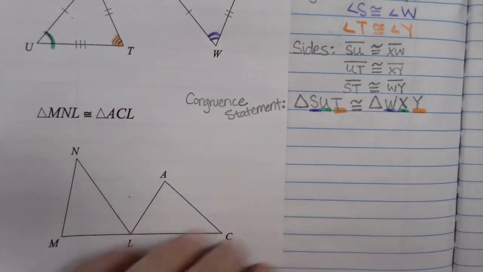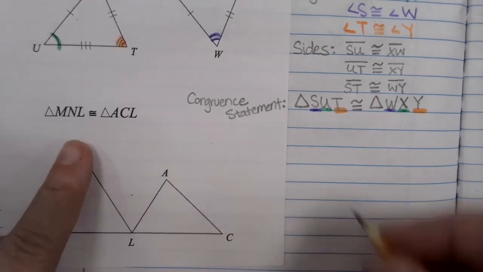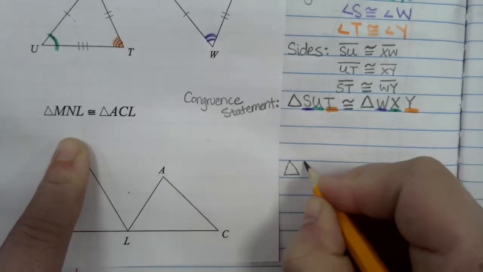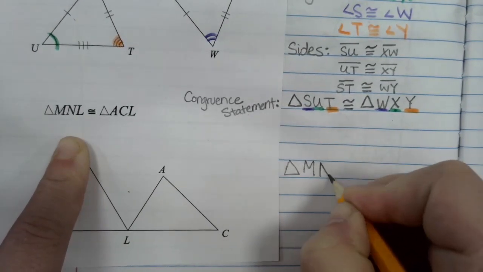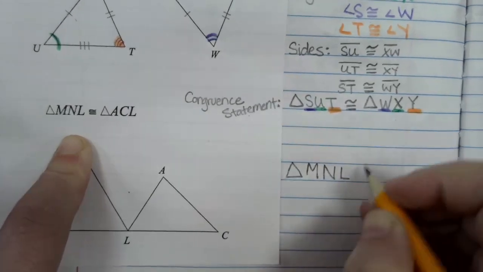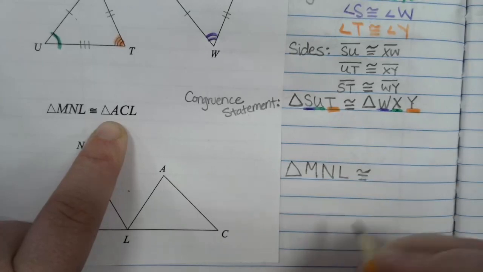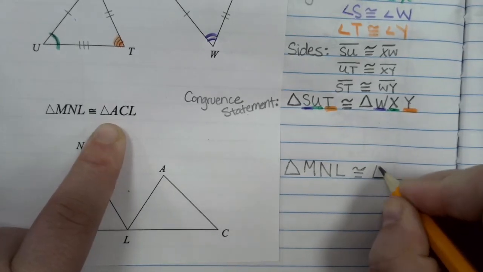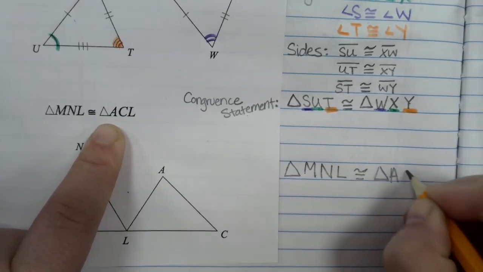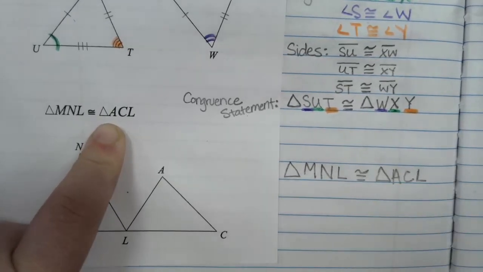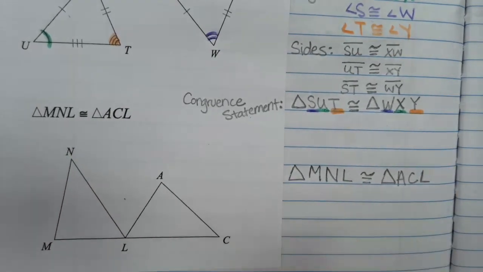All right, so on this next one, we're given this congruent statement. I'm going to write it here just a little bit bigger, that way I can use some colors with it. So triangle MNL is congruent with triangle ACL.